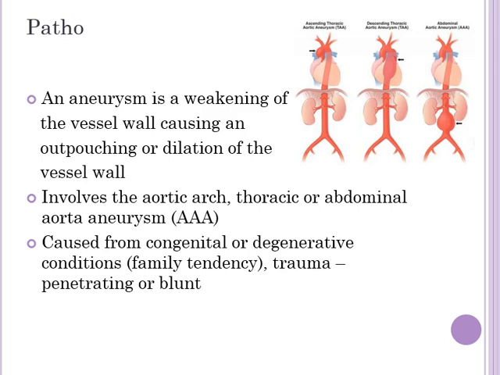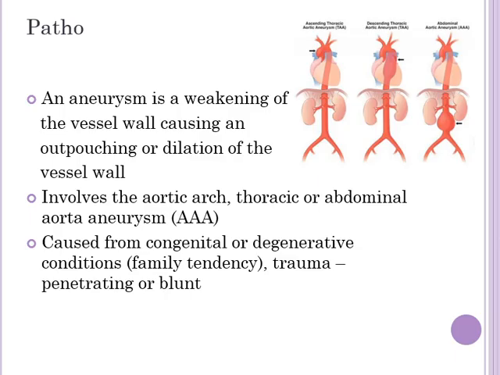So, what is an aneurysm? An aneurysm is actually a weakness of the vessel wall causing an outpouching or dilation of that vessel wall. So, this is just an example, a JPEG. I like to go to Google, find things that have good pictures. So in the first one, you can see that we've got that pouching dilation right as the aorta is coming off the heart, right out of the left ventricle.